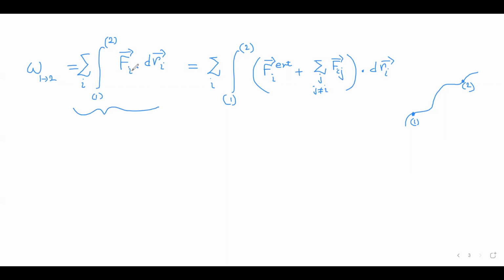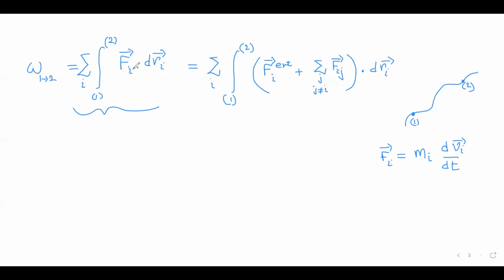So what is this Fi? This is the total force acting on the ith particle. Then we can write Fi as mi dvi/dt. dvi/dt is basically the acceleration of the ith particle. So this is Newton's second law: the total force acting on the ith particle is the mass of the particle times its acceleration.